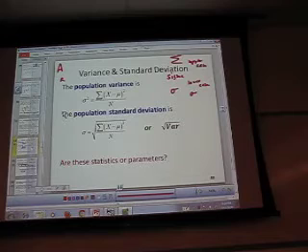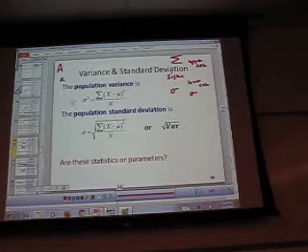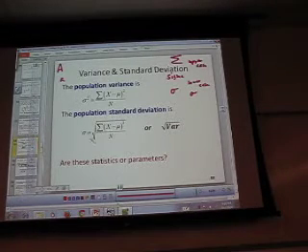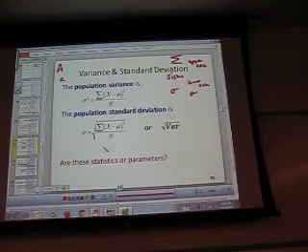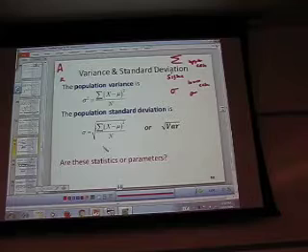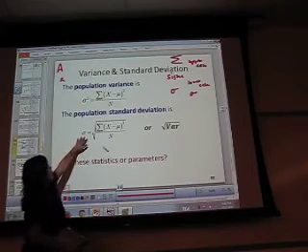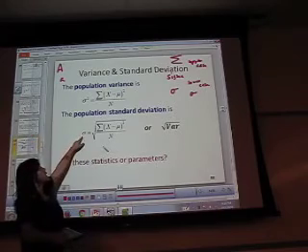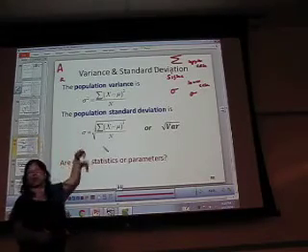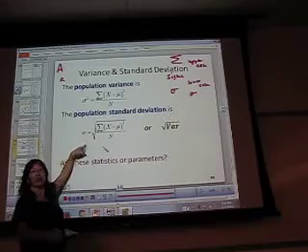You'll notice that the population variance is the square of the standard deviation, right? If you have the standard deviation and you want the variance, you just square it. So in other words, if this was 3, that would be 9. Everybody on board with that? So that's why this is sigma, and that's sigma squared. It's just the square of whatever this is.